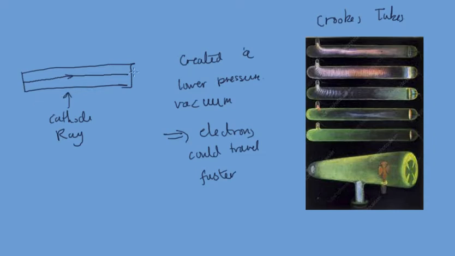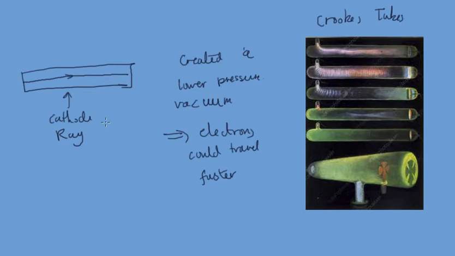When it strikes this far end, it causes a phosphorescence. I can't say that word. Another kind of light glowing emission. And that's what you're seeing in this picture. This phosphorescence. Oh, I can't say it.